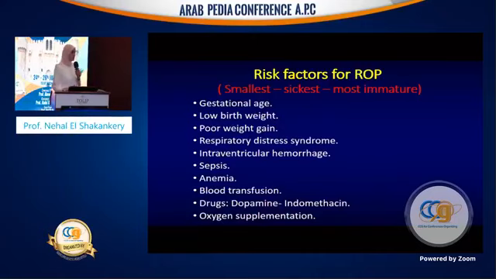Those with intraventricular hemorrhage, neonatal sepsis, those with anemia, those treated with blood transfusion or taking erythropoietin, these infants should be examined. They have risk factors for retinopathy of prematurity. Drugs such as dopamine or indomethacin, and of course, oxygen supplementation.